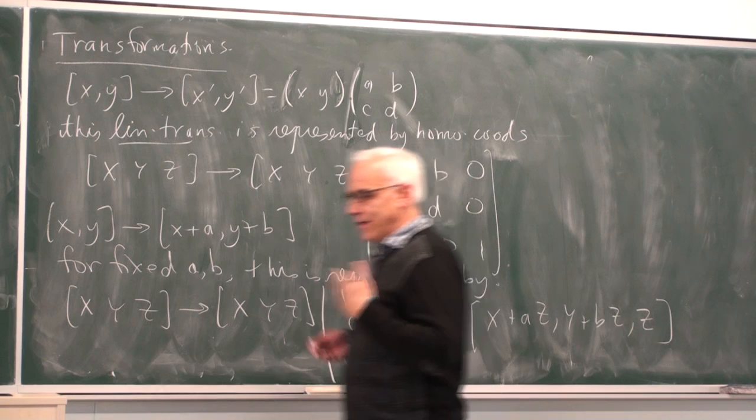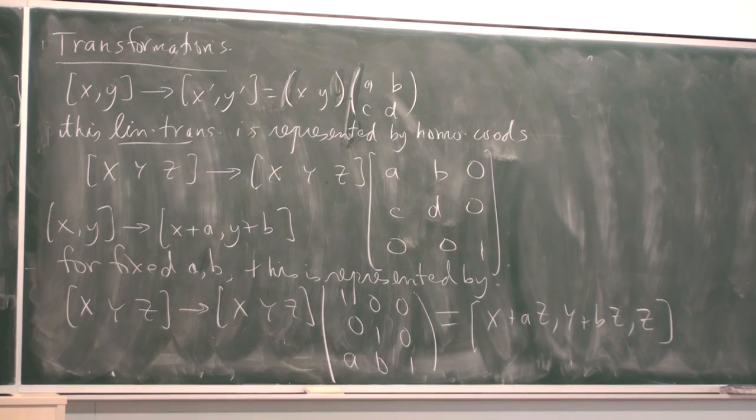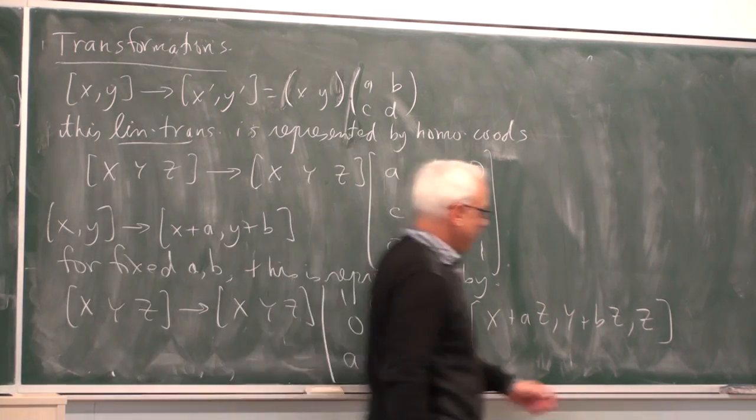So that means that a video game designer can deal with translations of the plane and rotations all with the same technology, all with 3x3 matrices throughout. Okay, so that's pretty interesting.